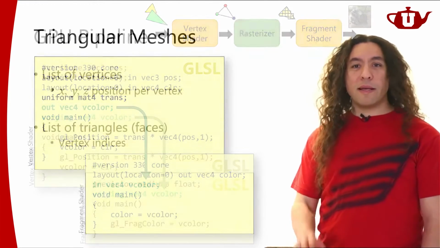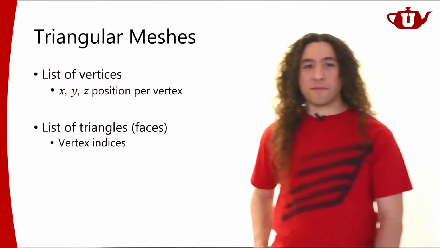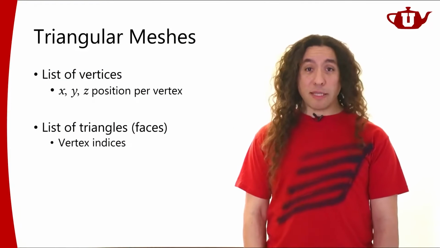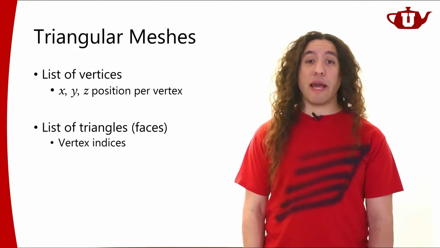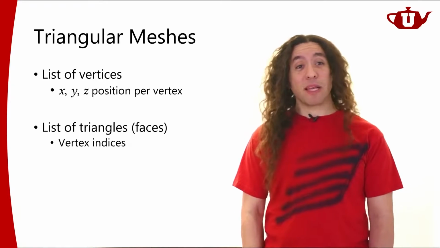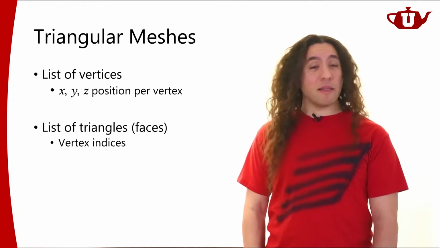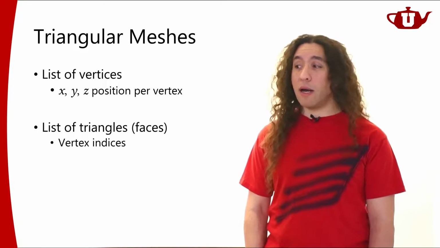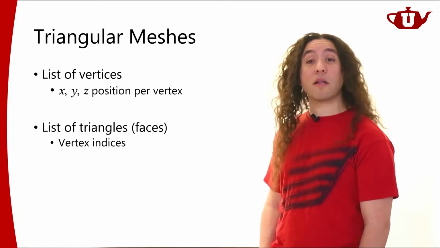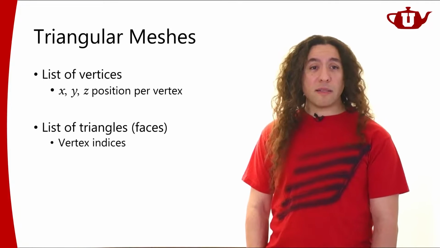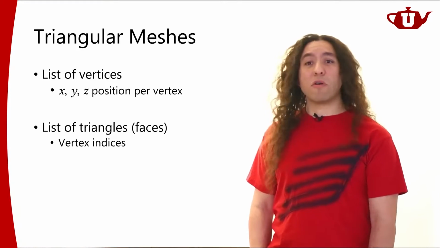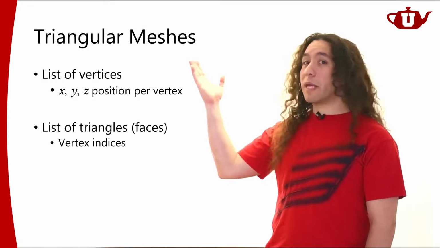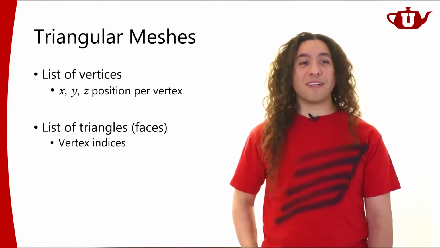All right, let's go back to triangular meshes. In the previous project, we loaded an OBJ file, and the OBJ file can be used for representing all sorts of objects, but it's probably more frequently used for representing triangular meshes, because we use triangular meshes for representing almost everything.